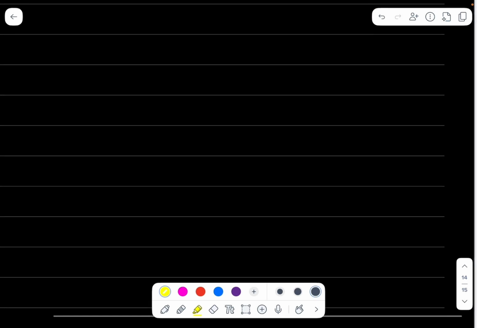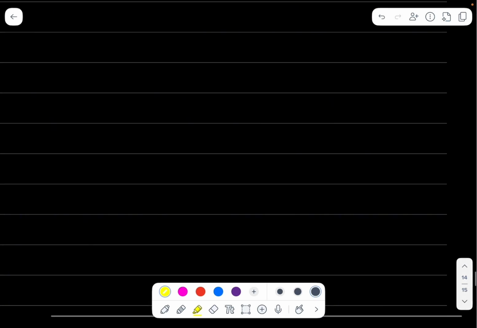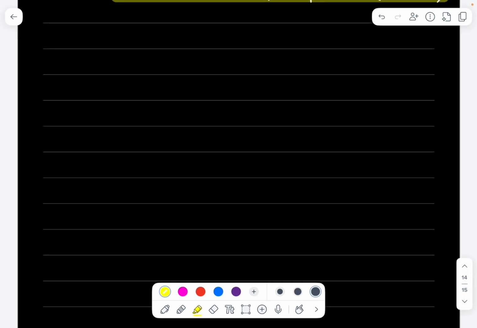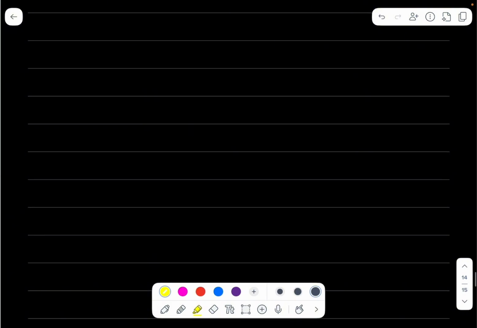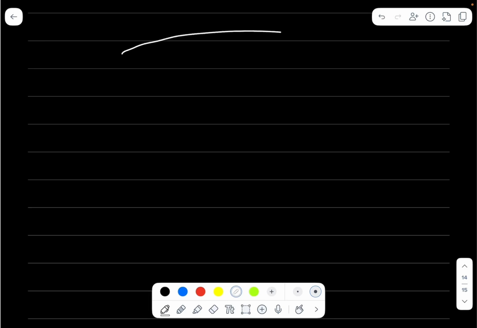Alright, let's do this. Look carefully how I will be doing it. First we will draw the structure of this bacteria.